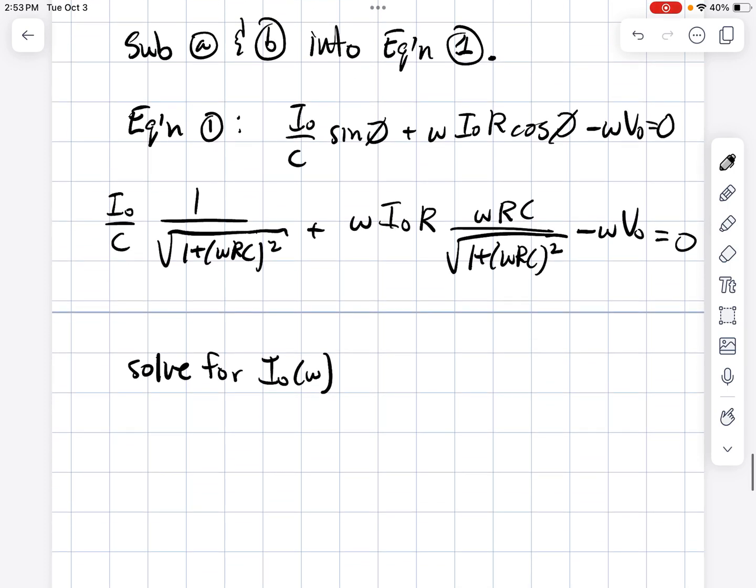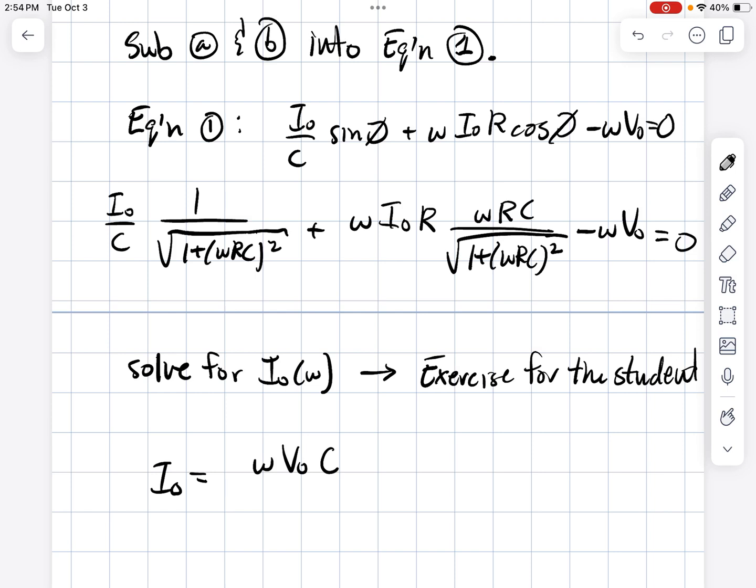It's just some algebra, but what we can do is say that this will be an exercise for the student to show that I naught is going to be equal to omega v naught over c divided by the square root of 1 plus omega rc squared. And that's it.